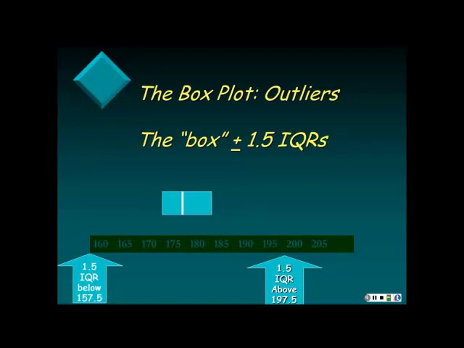But anyway, to get the upper fence or cutoff for outliers, we would take the Q3 value and add 1.5 IQRs, and if we were looking on the lower end, we would get the lower end of the box, 172.5, and then go 1.5 IQRs below that, and see if we can identify outliers down on that side.